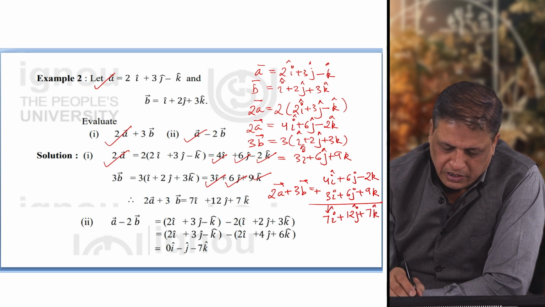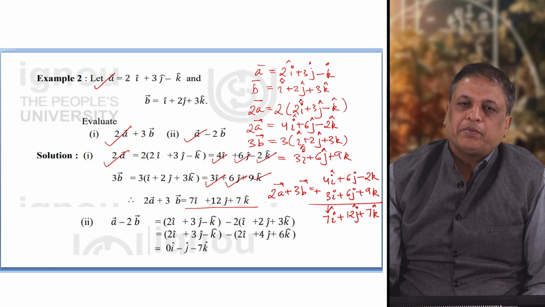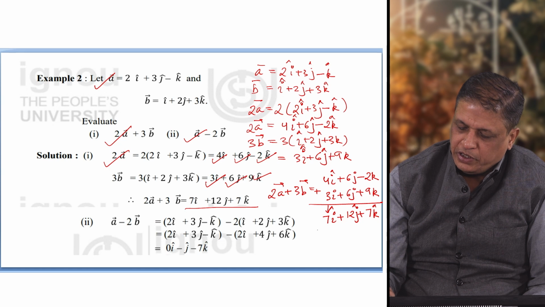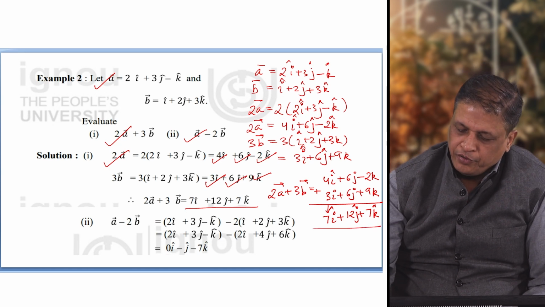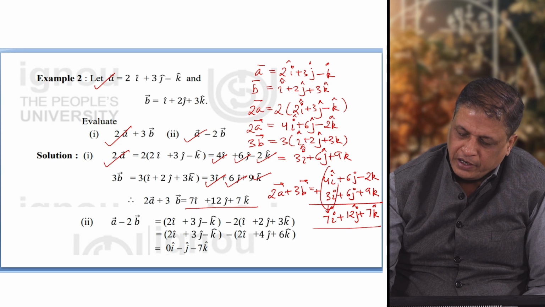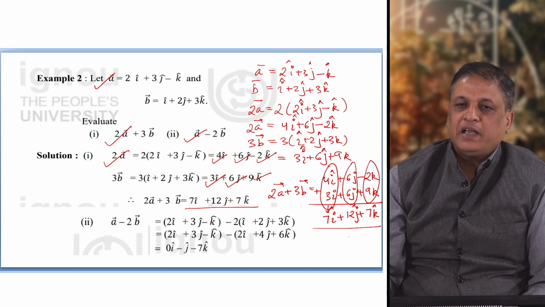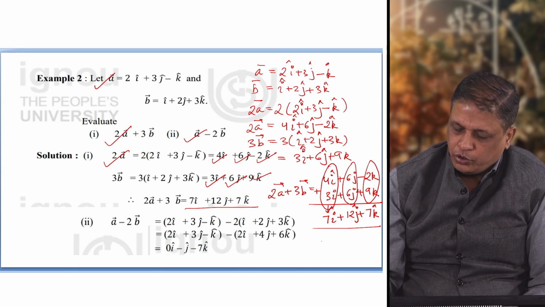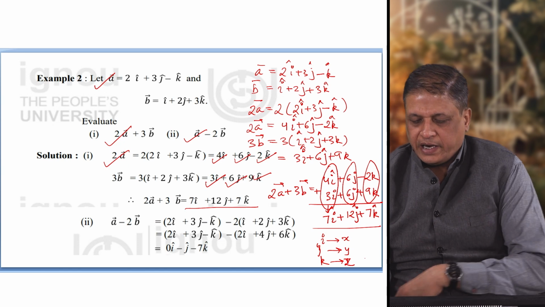I hope you understand that we need to perform addition, subtraction, multiplication, whatever is to be done, with the respective directions. Likewise, over here we added the values in the x direction, the y direction, and the z direction. i, j, k are the unit vectors along the x axis, y axis and z axis.